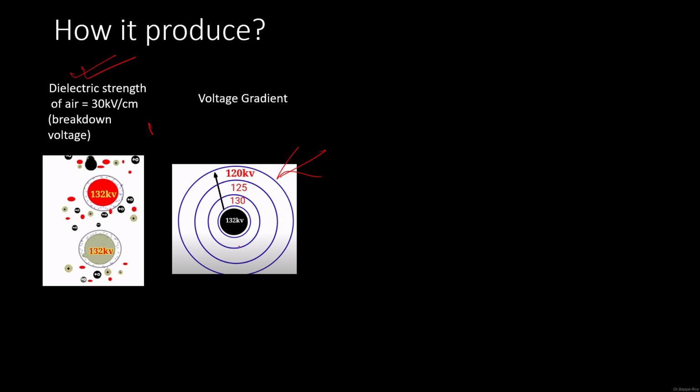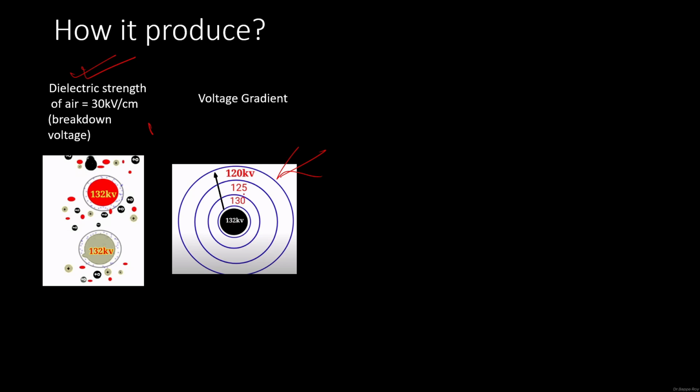We are just assuming these values, it's not exact, but the purpose of this figure is to show that the voltage from this conductor or transmission line decreases with distance.